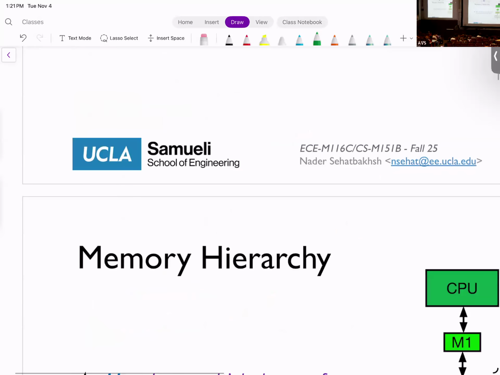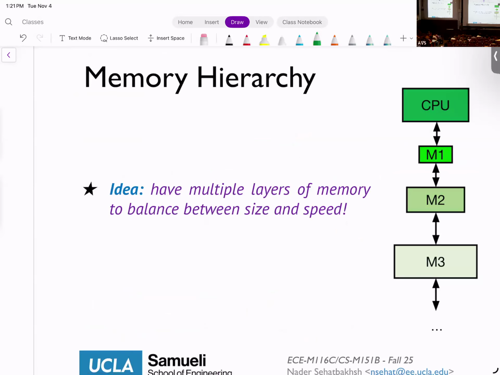We use this notion of what we call memory hierarchy. So you create a hierarchy of these memories. You use all of them. You don't use just one of them. You use a small memory that is close to the CPU, a bigger memory that is further away, and then another memory, and you can have many, many layers of this, okay?